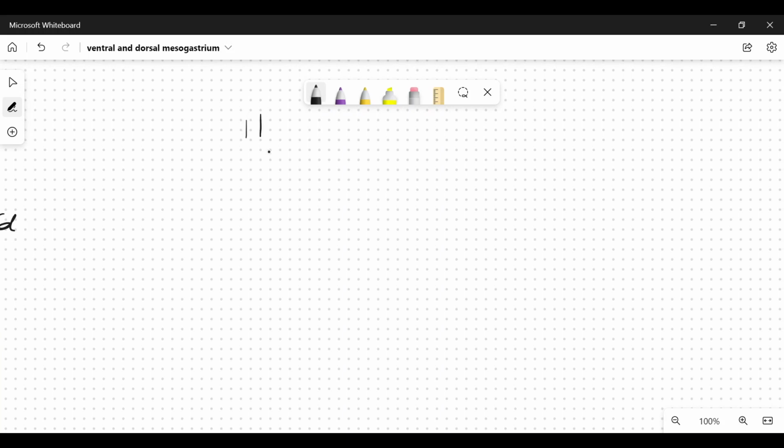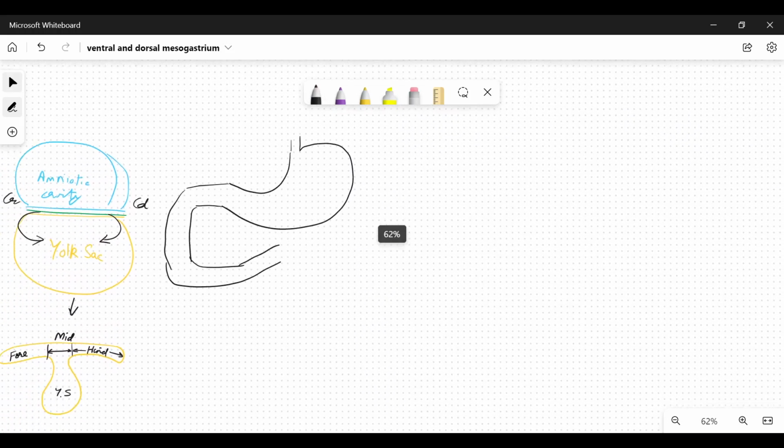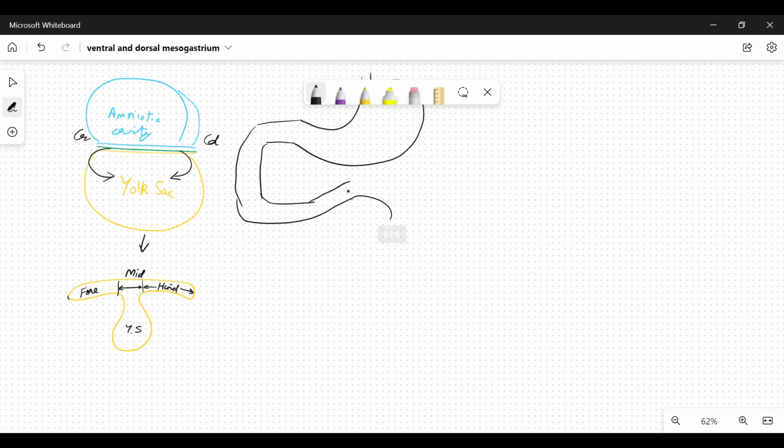Now, if I draw the adult gastrointestinal tract, that includes what? There is the abdominal part of the esophagus. I'm drawing only the parts which are present in the abdominopelvic cavity. Then we have the stomach, consisting of the greater and the lesser curvatures. Then we have the duodenum: the first part, the second part, the third part, the fourth part of duodenum, and then we have the coils of jejunum like this.